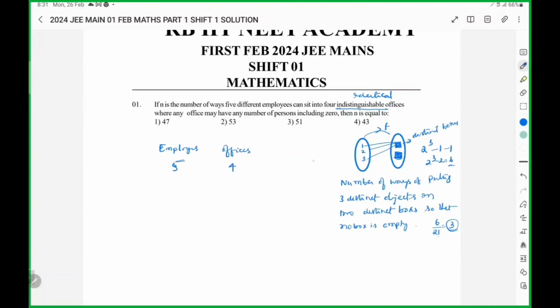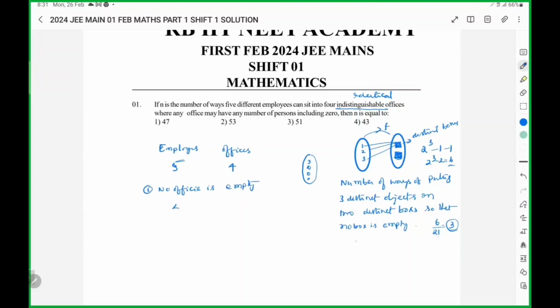Here the possibility with 4 offices is that 3 employees are in one office, 2 employees in one office, and the other 2 offices may be 0. So here, the case where no office is empty: how many onto functions are there?